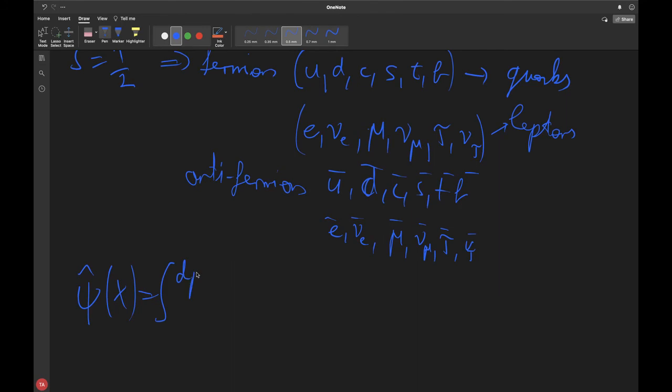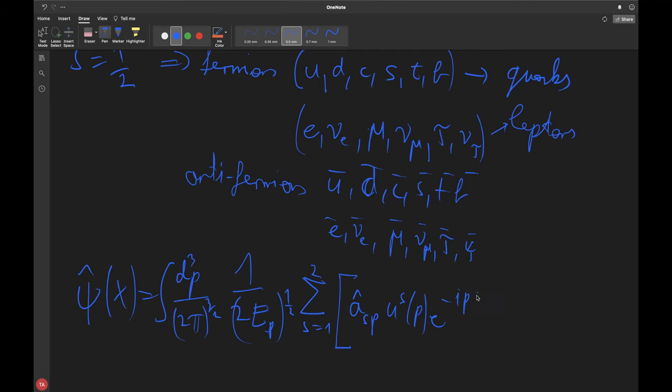We have the integration measure d^3p over (2π)^3, one over the square root of 2E_p, and we have the sum for s equals 1 to 2 of the annihilation operator of particles, a_s(p), u_s(p) e^(-ipx), plus the b_s†(p) operator, and that goes with the v_s(p) for every spin, and the exponential is with a plus sign. This is what we just discussed.